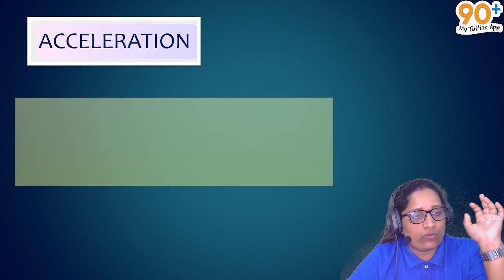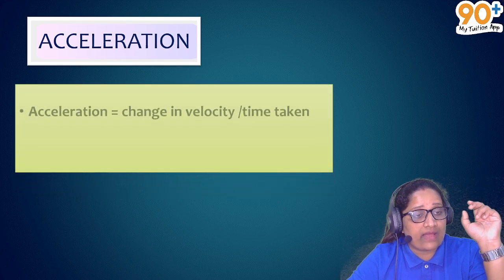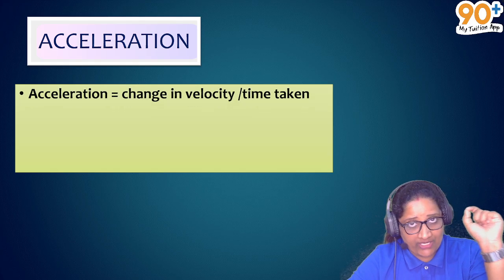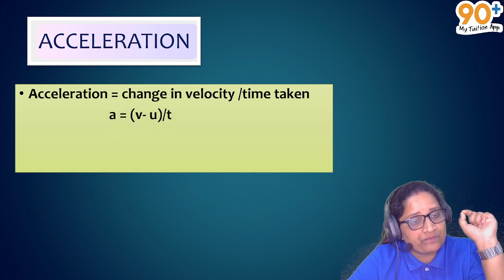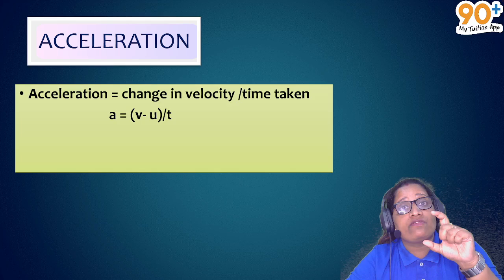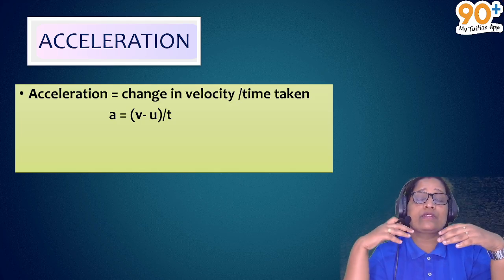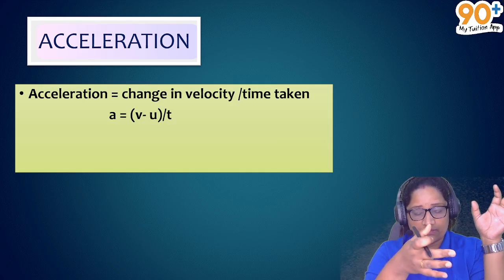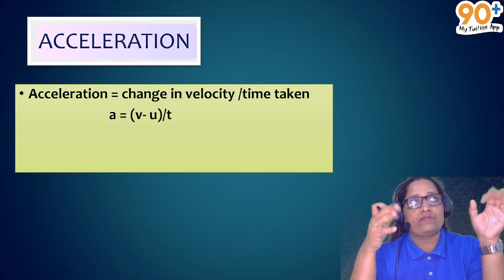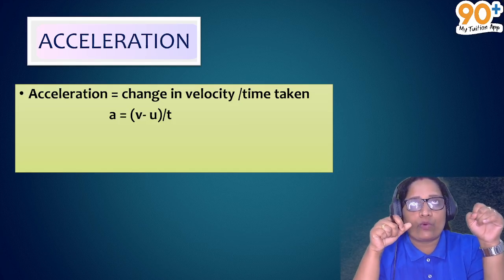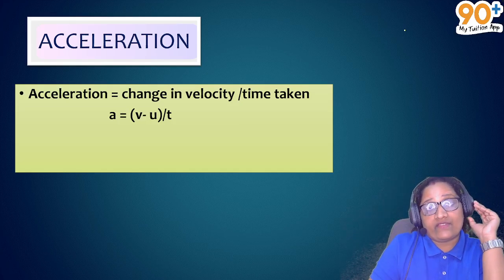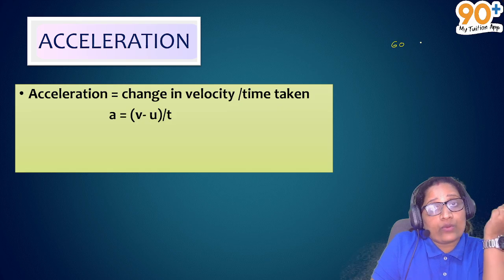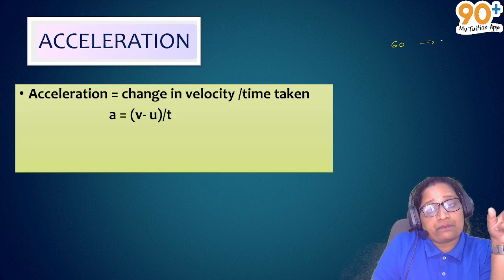And we have acceleration. The term acceleration is change in velocity by time taken. What is the value of change in velocity? As before, we had an example where Abdurrab was driving his car initially at 60 km per hour, and now he applied his brake and his speed changed to 0.